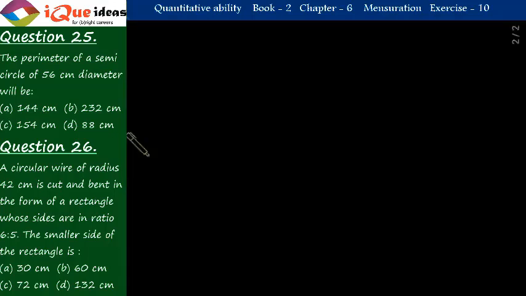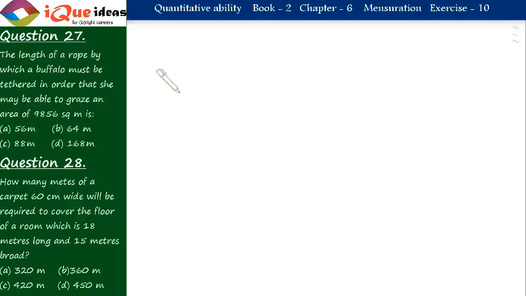Let's move on to the next question, question number 27. It says the length of a rope by which a buffalo must be tethered in order that she may be able to graze an area of 9856 square meter.